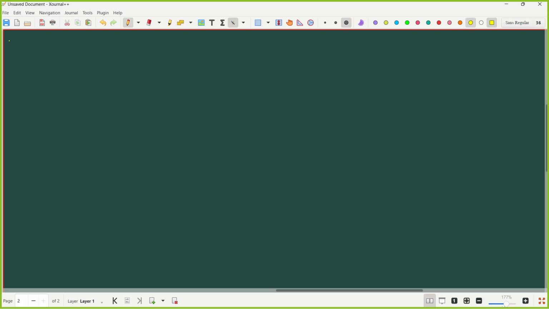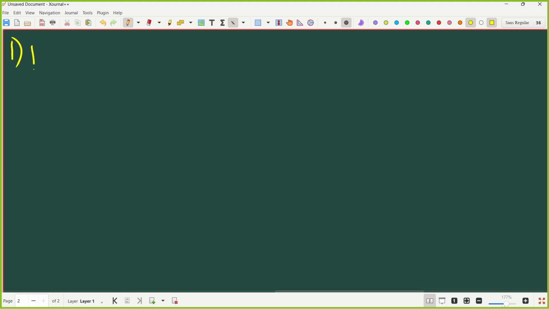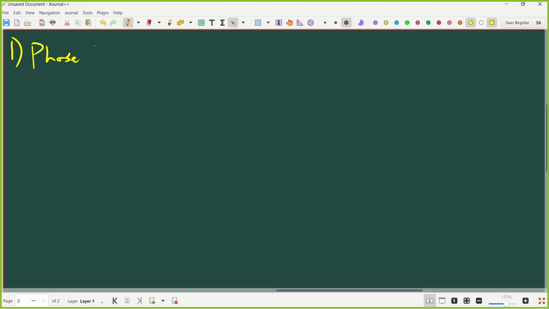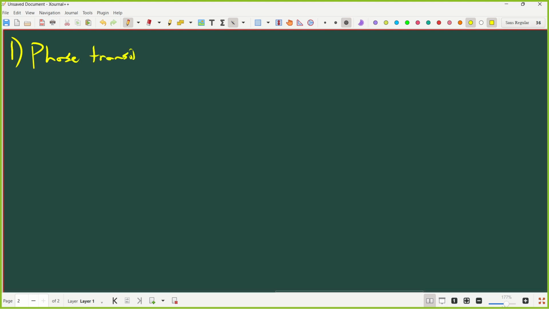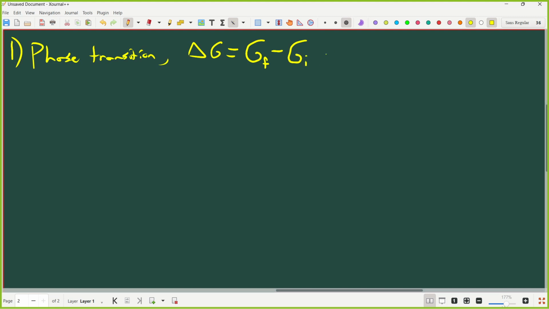Okay, so let's use the fact. So let's again remember that at a phase transition, that delta G, which is the G of the final phase minus the G of the initial phase, is 0. Okay.